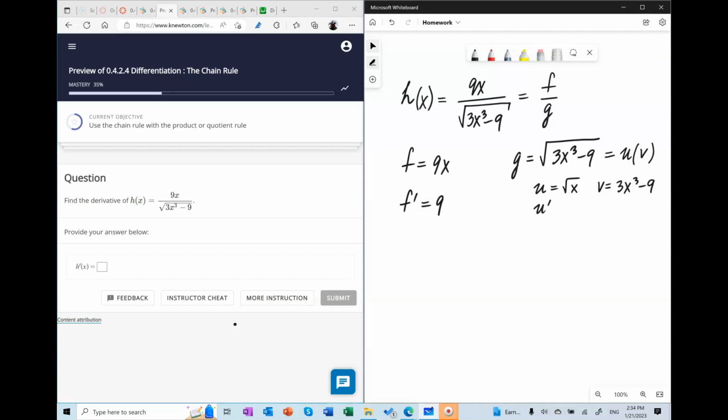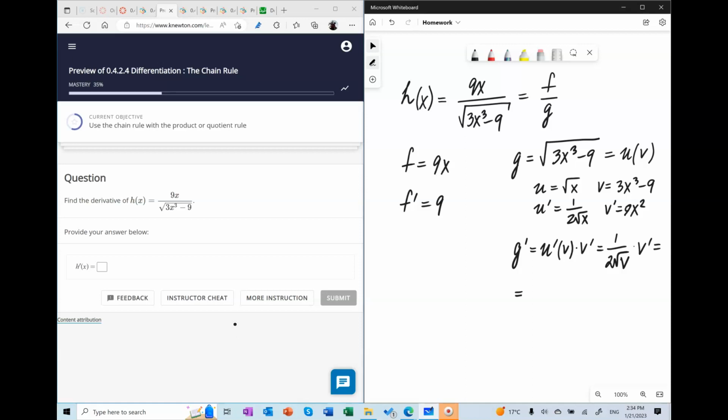So meaning that if you're looking for the derivative of g, you have to do derivative of u evaluated at v and multiply it by v prime, which in this case means you're going to take 1 over 2 square root of, but instead of x I'm going to plug in v and multiply it by the derivative of v.